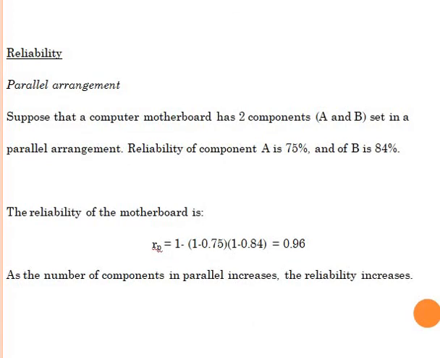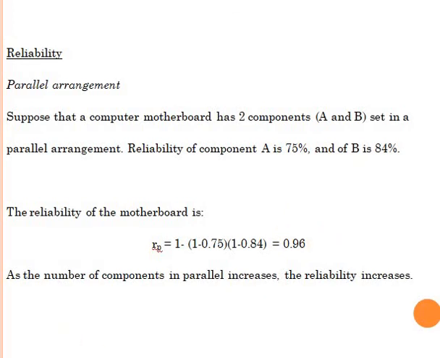Now suppose that the computer motherboard has two components, A and B, and they are set in parallel. If the reliability of component A is 75% and B is 84%, what will be the reliability of the motherboard? So using this equation, I will say the reliability equals 1 minus 0.75, which is the reliability of A, multiplied by 1 minus 0.84, the reliability of B. So we'll see that the reliability of the motherboard is 96%.